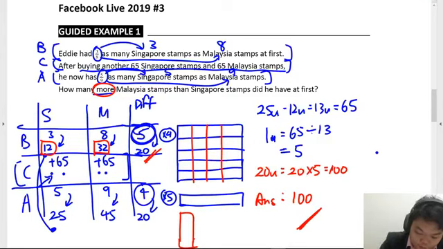Okay, this 5 over here is this blue block itself, but 1 unit alone over here is one of these small blocks over here. Okay?